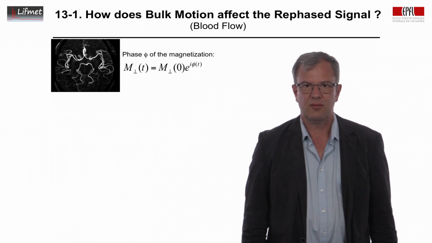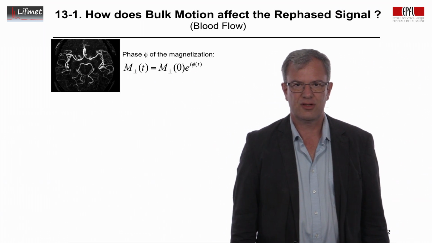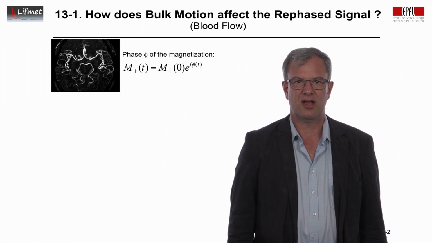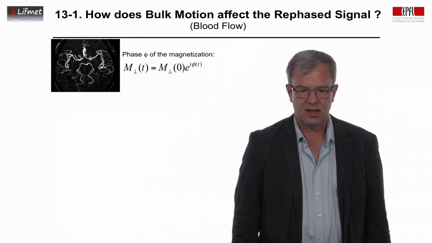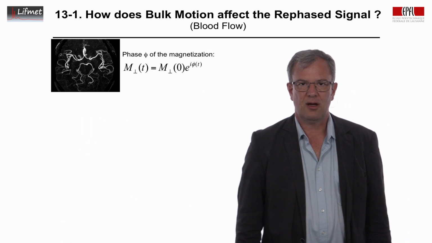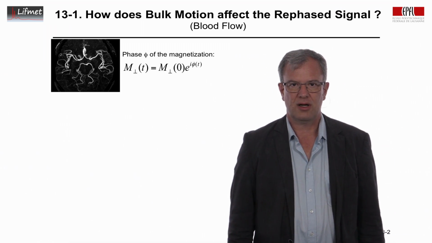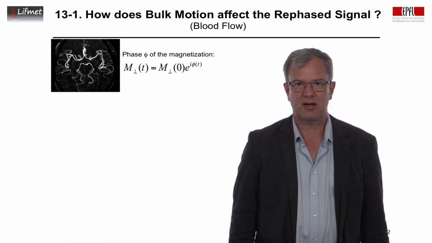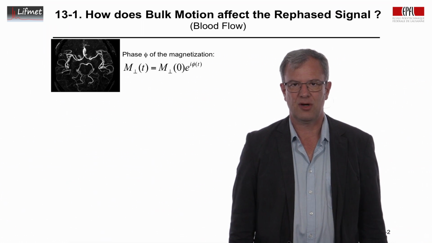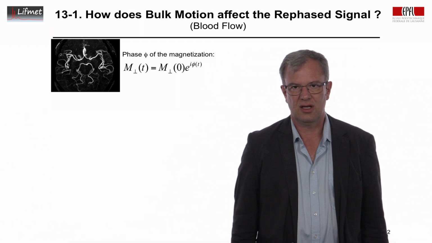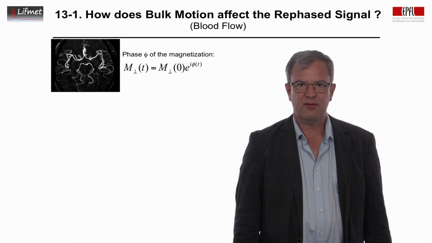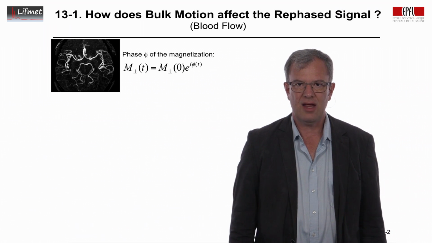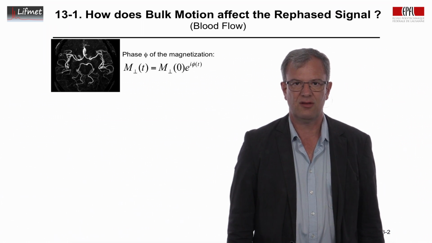The phase of the transverse magnetization as a function of time is given by the transverse magnetization at time 0 times e to the i phi of t. This is in a complex plane, so we denote, as usual, the real part as the x component of the magnetization, and the imaginary part of this complex number as the y component of the magnetization. Now, here we have written phi of t, so it's a time-dependent phase, and the question is, what is this phase?